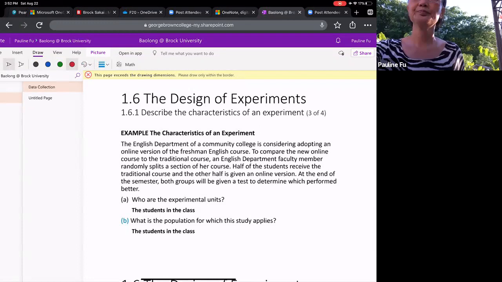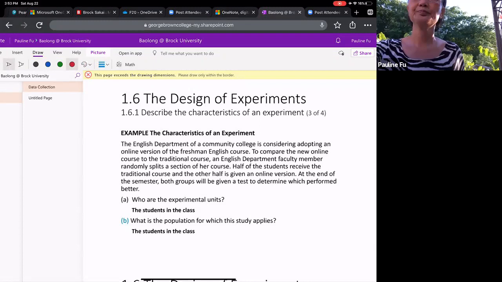To compare the new online course to the traditional course, an English department faculty member randomly splits a section of her course. Half of the students receive the traditional course, and the other half is given an online version. At the end of the semester, both groups will be given a test to determine which performed better.